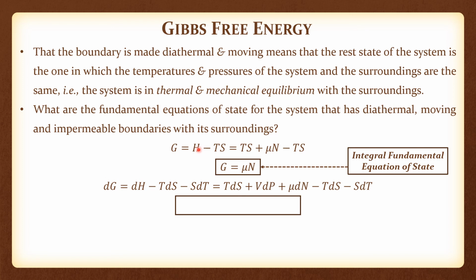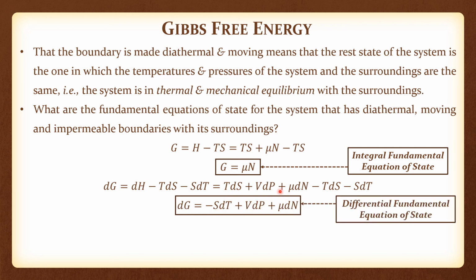Now, if you were to take a derivative of G, dG would be dH minus TdS minus SdT, but dH itself is TdS plus VdP plus mu dN, and then you subtract these two terms. The TdS terms get cancelled, leaving dG equal to minus SdT plus VdP plus mu dN, this being the differential fundamental equation of state.